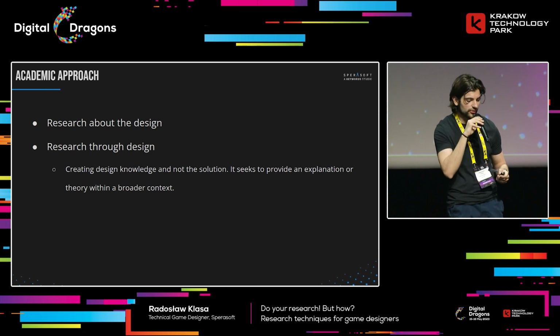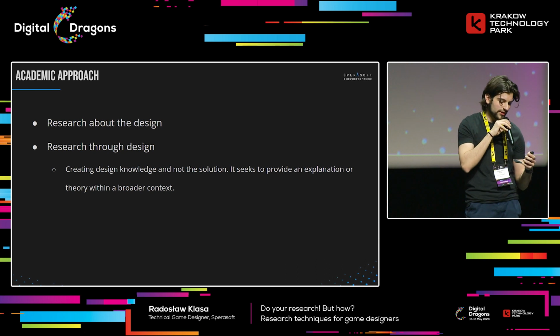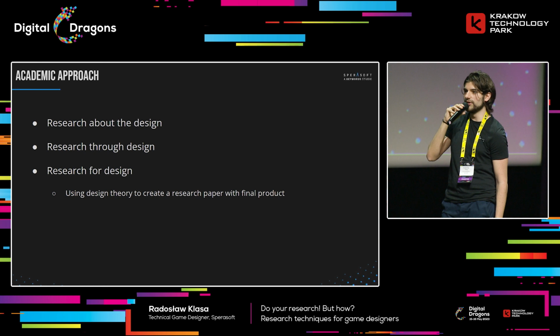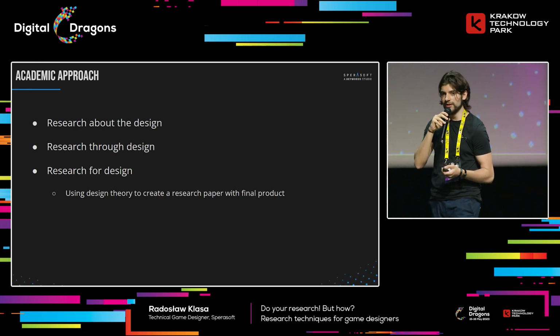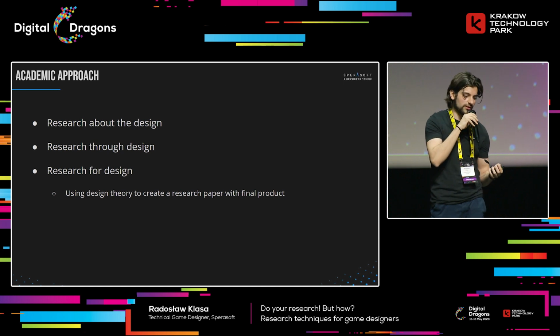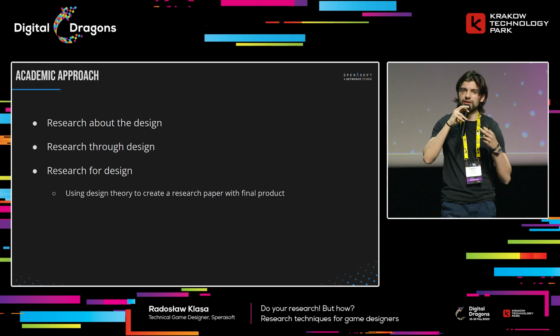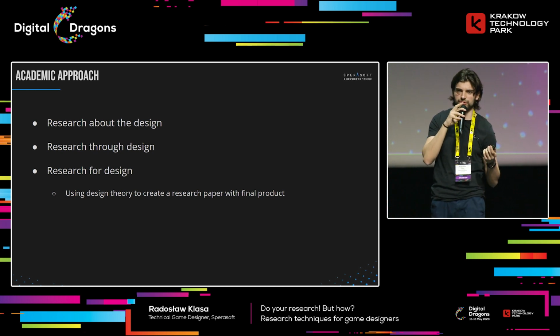We're going to come back to it. So that's all about research through design. And the third one is research for design, where the academics try to create a game and a paper with it. So it's more using strictly the theory that they created in the approach of making a video game, but not a commercial one, so to say.